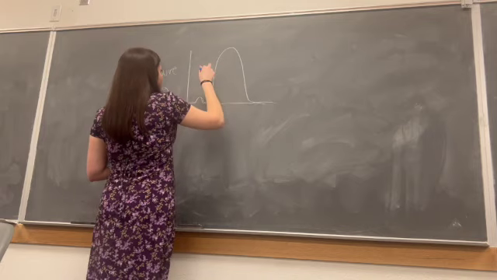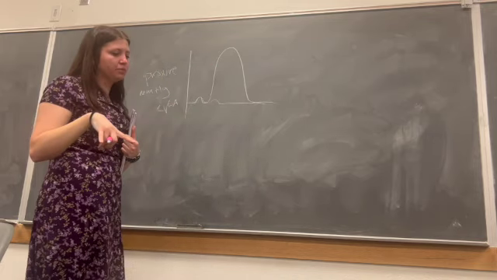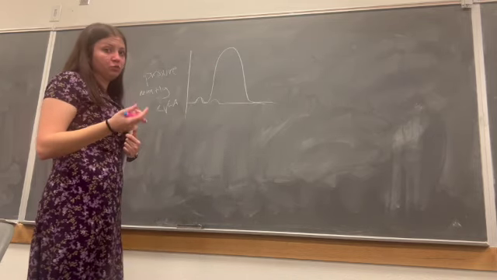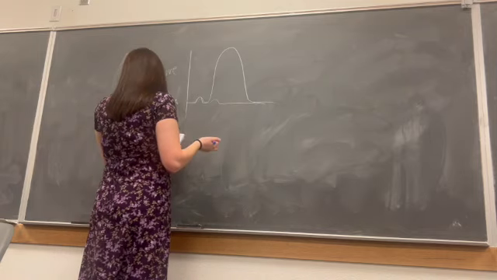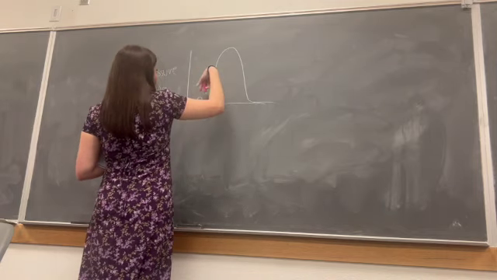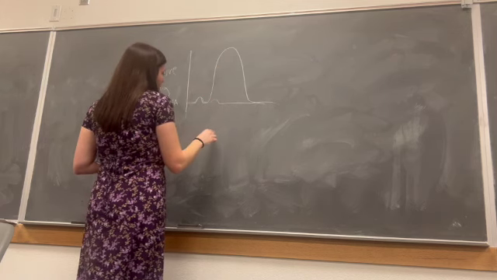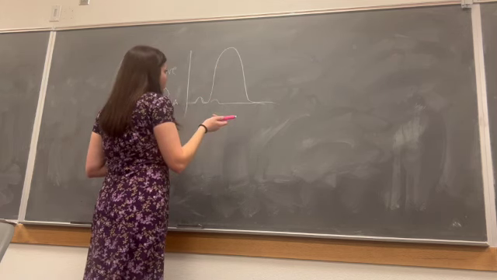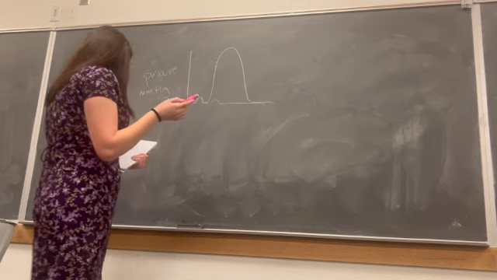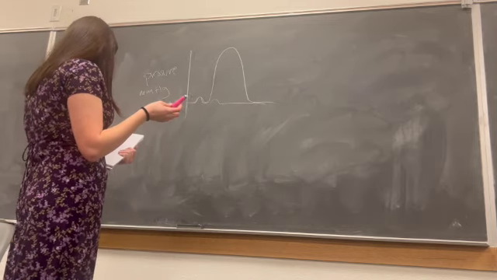I'm going to reference a couple of these vocab words later, so if you don't remember them, write them down and think about them. Right here, you can see that the pressure is going up very quickly, but the volume is not changing.